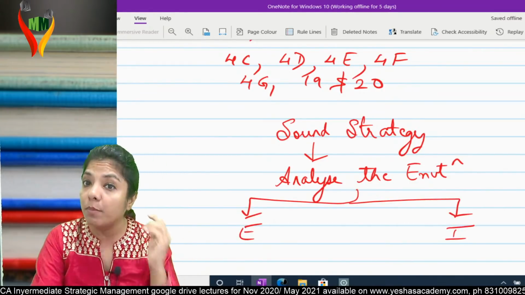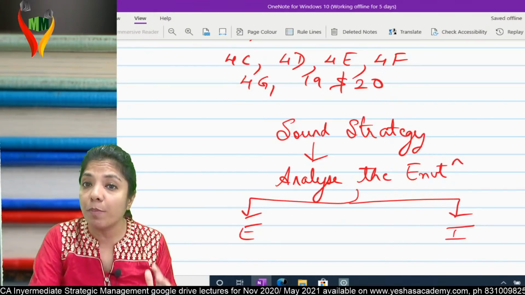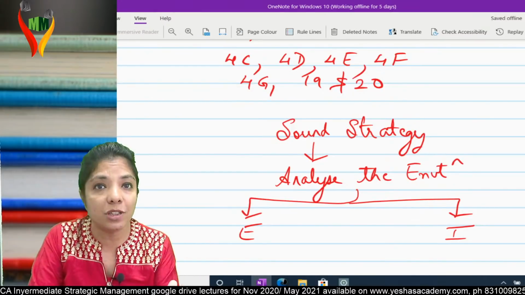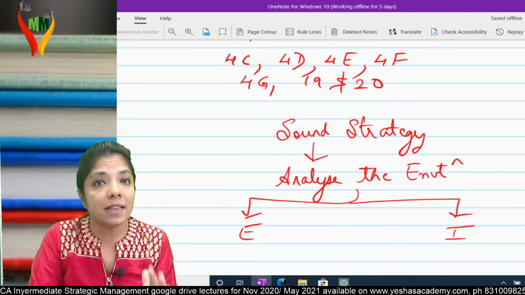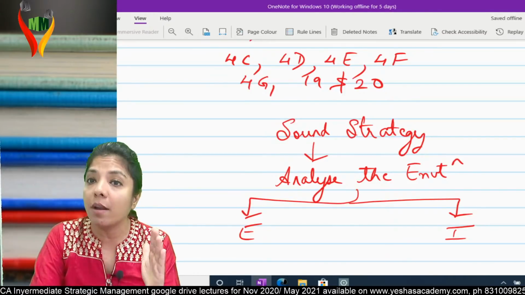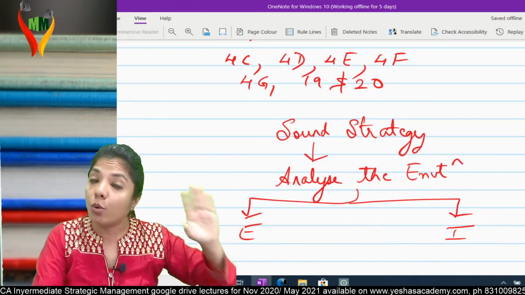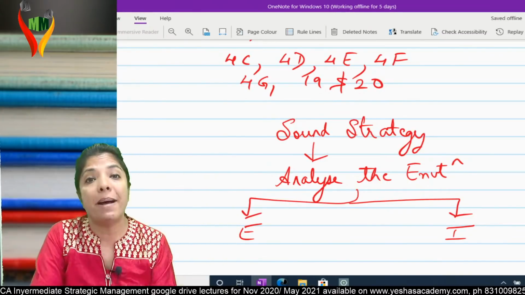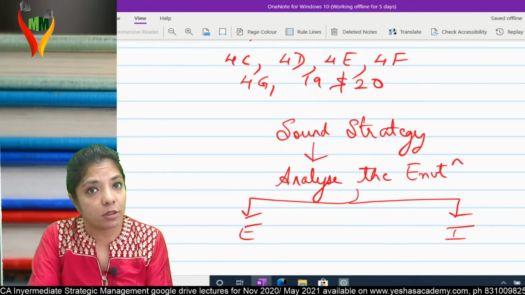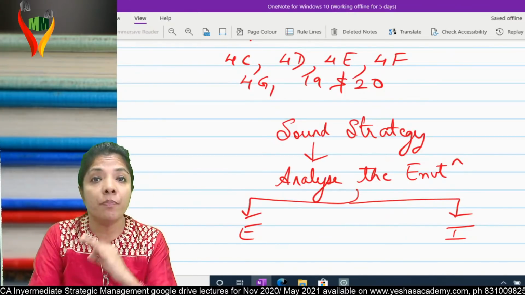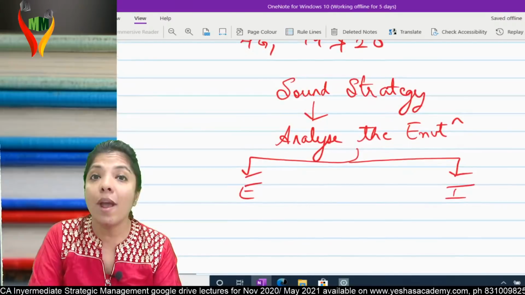Yesterday I asked you, in external we have two types, macro and micro, but which one is more important? We specified that no doubt both are important, but micro is more important. So in external we do micro environment analysis.